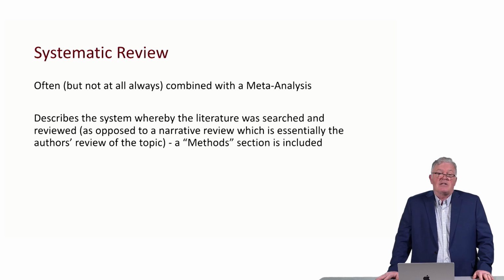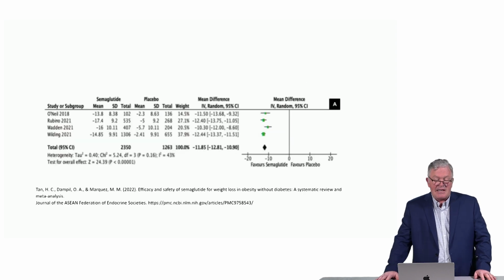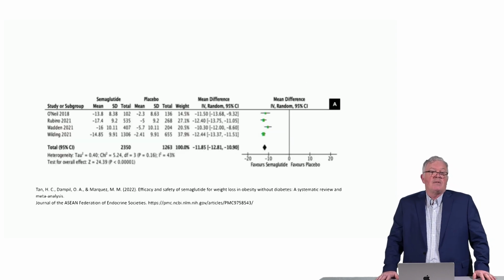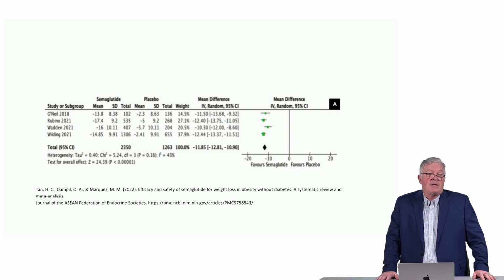Do they include English language or extend beyond that, and so forth. So, but one of the take-homes is a systematic review is not a meta-analysis. A meta-analysis is where the data from individual studies was obtained and reanalyzed.